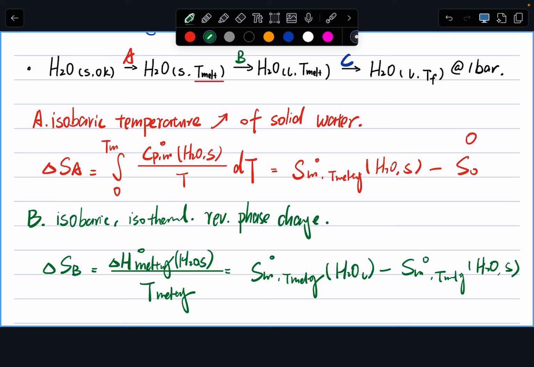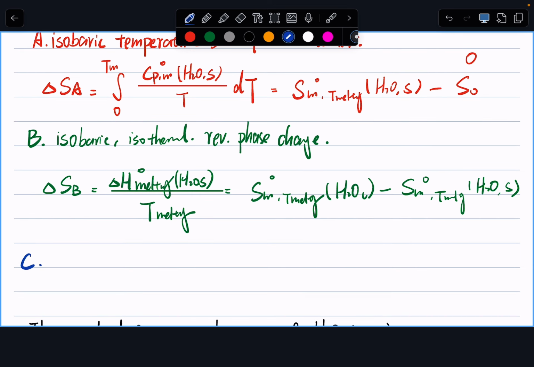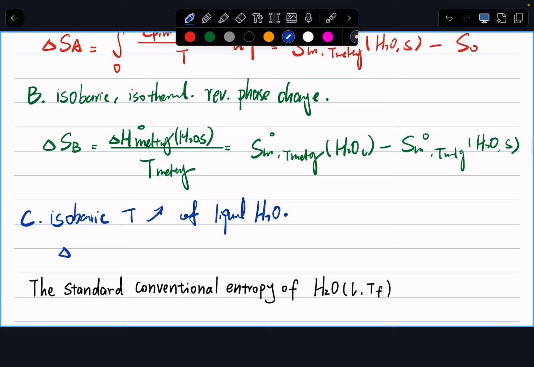And what about C? C is effectively the same as our process A. That's an isobaric temperature increase, now for my liquid water. So we can write delta SC equals the integral from T melting to T final, whatever the final temperature we want it to be, of the CPm naught of H2O liquid over temperature dT.